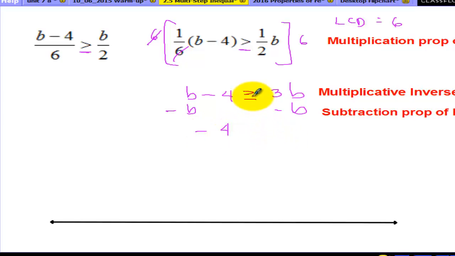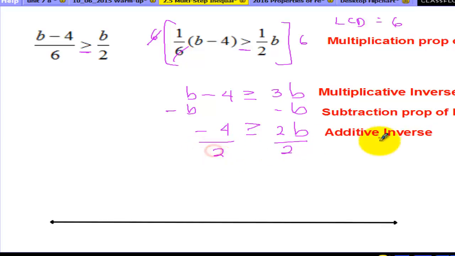Now I don't need to flip my inequality, although I have a negative sign here, because I did not multiply or divide. Greater than or equal to 2b. That's your additive inverse.